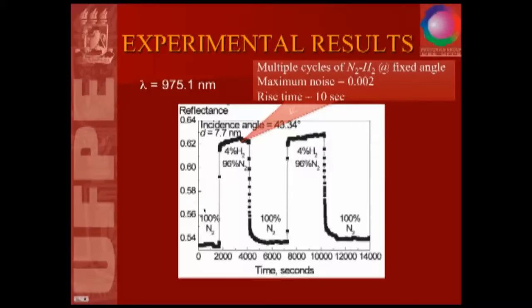So this is nitrogen, then we put a mixture of hydrogen with nitrogen, and we have that exchange. Then we replace the sample, and we have that back and forth. We have a typical rise time of 10 seconds, and we characterize our maximum noise at 0.002. The thickness of this line gives the noise approximately.